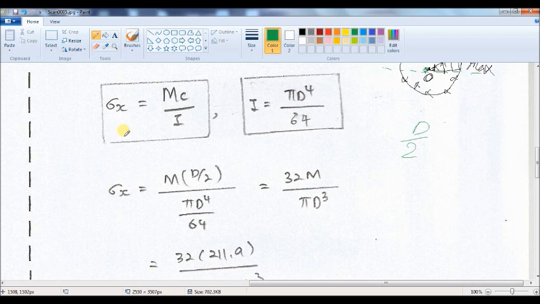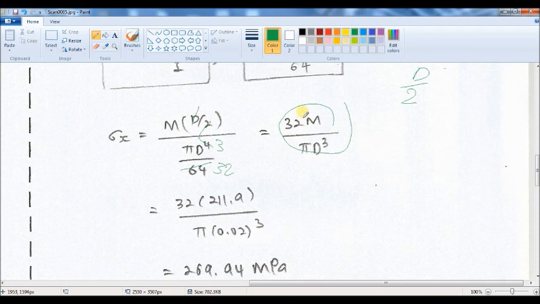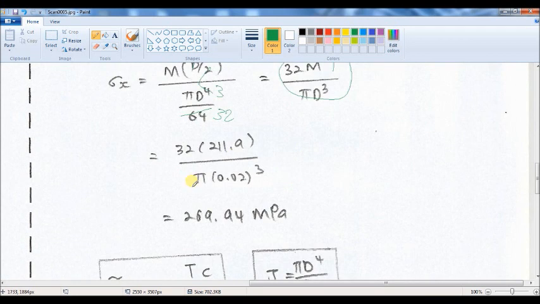Okay, so we will substitute d over 2 instead of c, and the equation can be simplified in this way: 32M divided by pi d to the power 3.